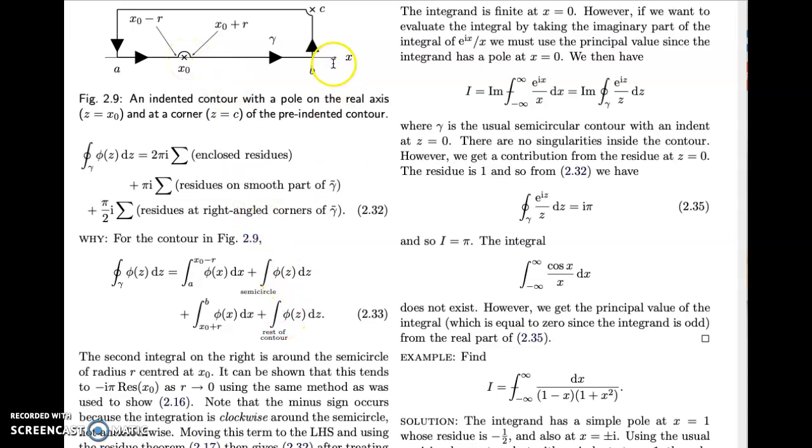This bit here is just the rest of the contour. But now we're interested in what's the actual meaning of these two integrals here. And this is actually given a special meaning.